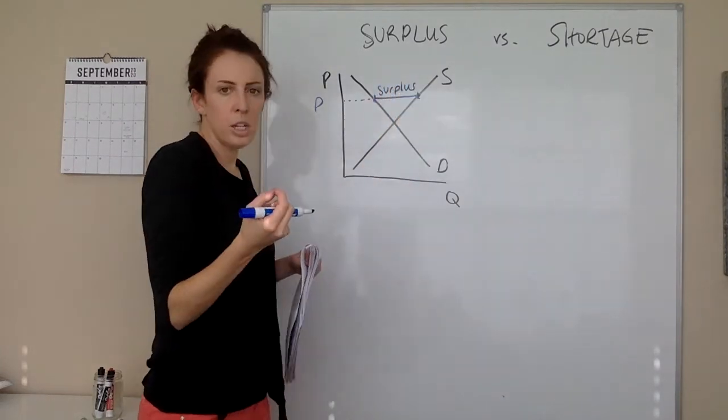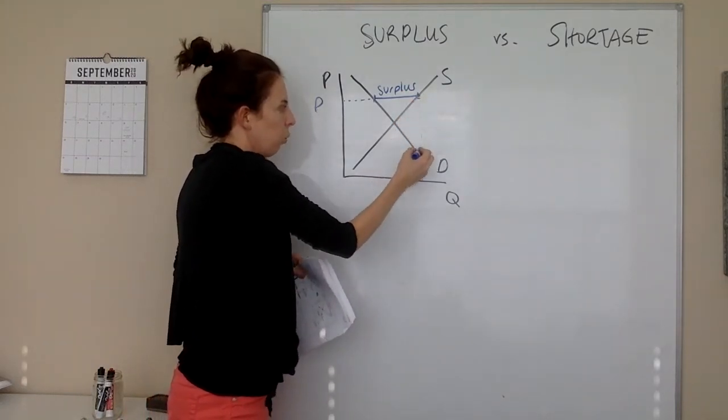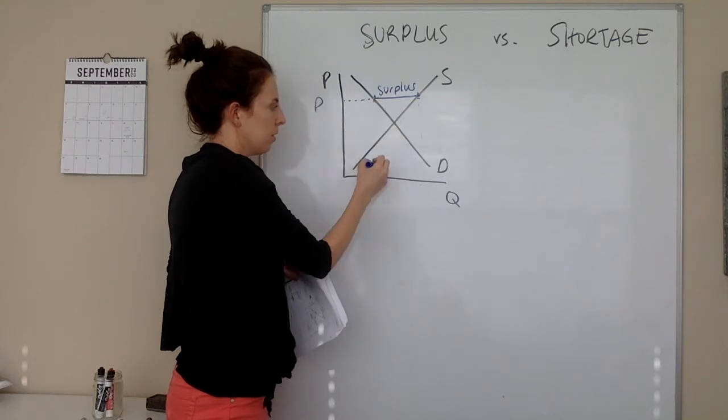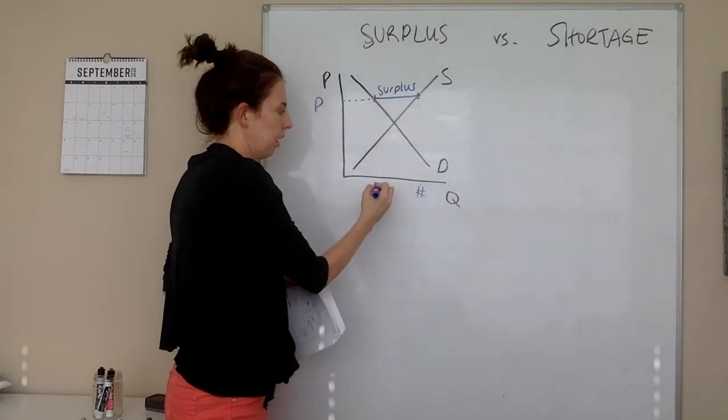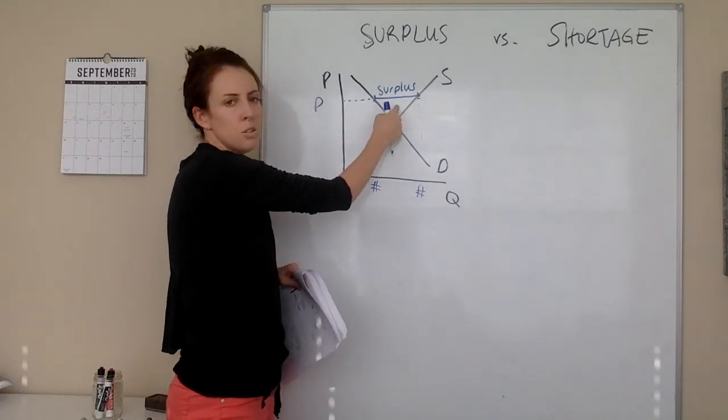So to calculate numerically the number of units that we have in excess, you would just figure out what is this quantity supplied, what is this quantity demanded. That's going to be a number and a number. You subtract them, and that's the number of units you have in surplus.